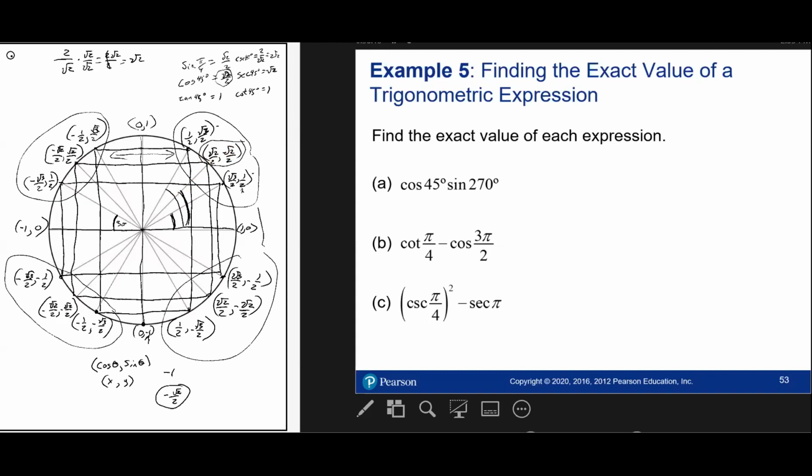So I'm going to erase this up here. So I have 1, and we're subtracting the cosine of 3 pi over 2. Well, 3 pi over 2 is the same as 270 degrees, and that's down here, and that's a 0. So that's 1 minus 0, which is 1.